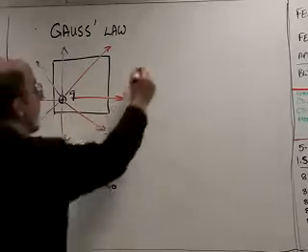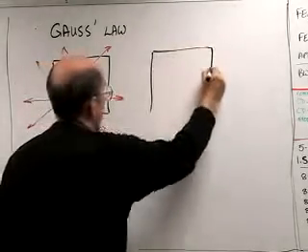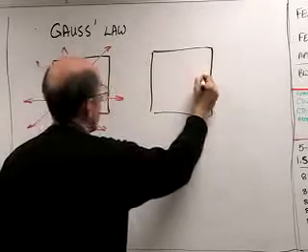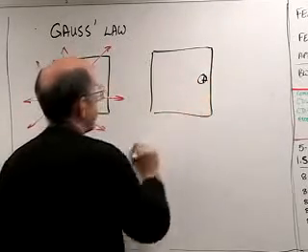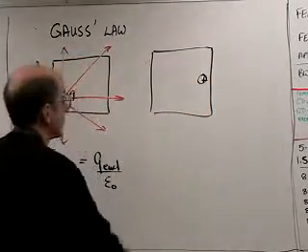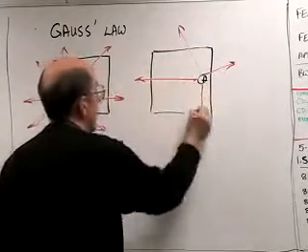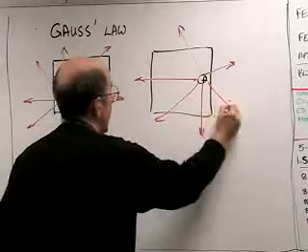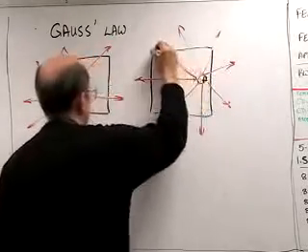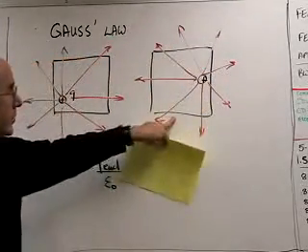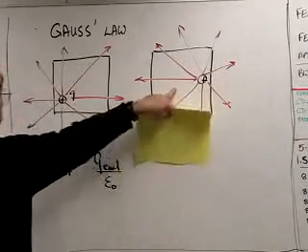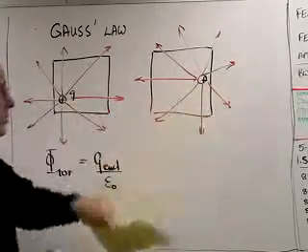The same thing would apply if this same charge were in an identical box, but over on the other side. The flux through this box is still equal to the charge enclosed divided by epsilon 0.